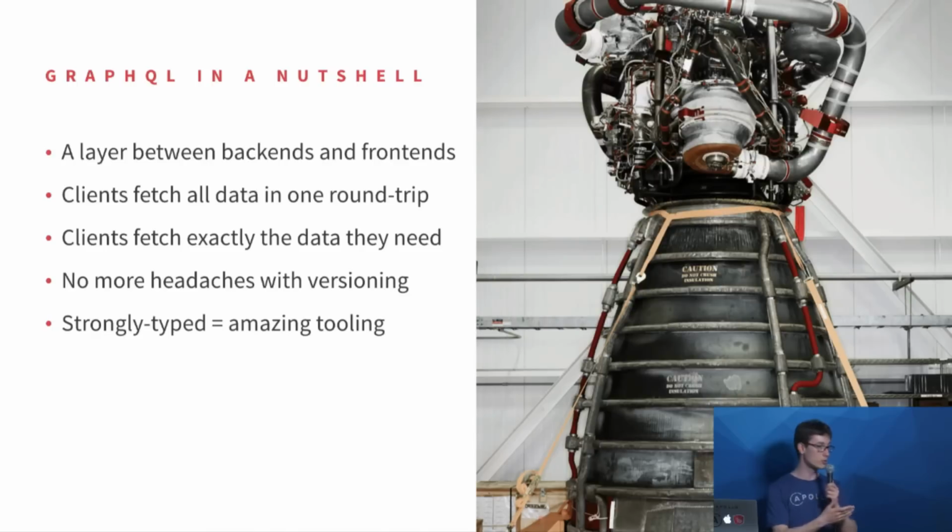And my colleague Sashko Stubailo has actually made an ESLint plugin that, as you type in your editor, will tell you when you're writing a query for GraphQL that contains a typo or that's asking for data that's not there. Now imagine if you could do that with your REST endpoints. If you could write a URL and your editor would tell you, oh, actually, you need to use a different argument here. With GraphQL, you have none of these problems.